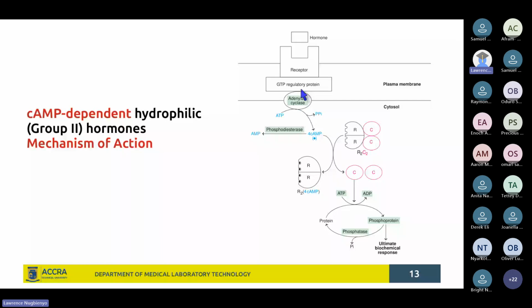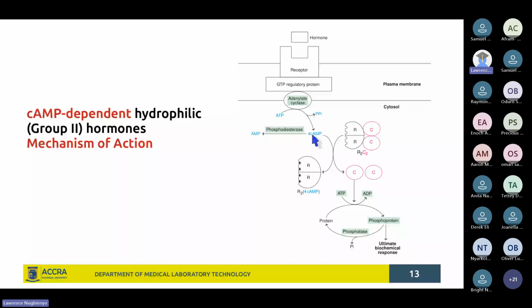And what will adenylate cyclase do? It will convert ATP to cyclic adenosine monophosphate. So the cyclic adenosine monophosphate is what we are referring to as a second messenger. It's just a conversion of ATP. By dephosphorylation, you have two phosphate groups removed from the ATP, which means you will be left with adenosine monophosphate. But the enzyme adenylate cyclase forms a cyclicized form of that adenosine monophosphate, what we are referring to as cyclic adenosine monophosphate.